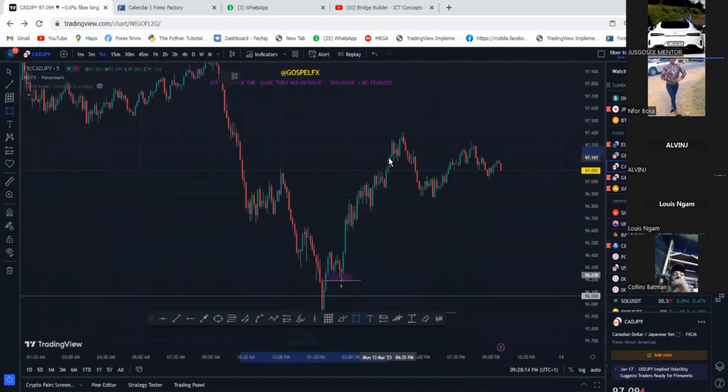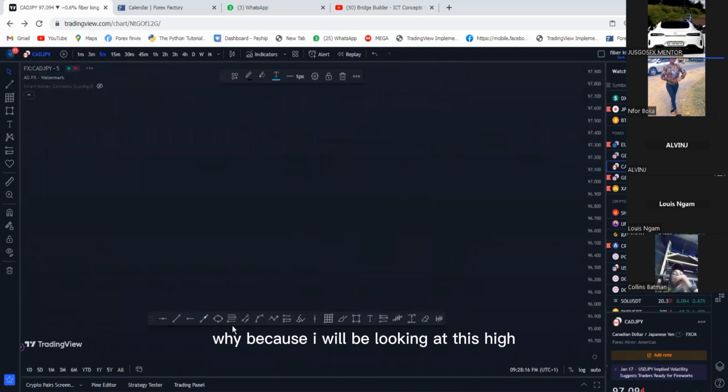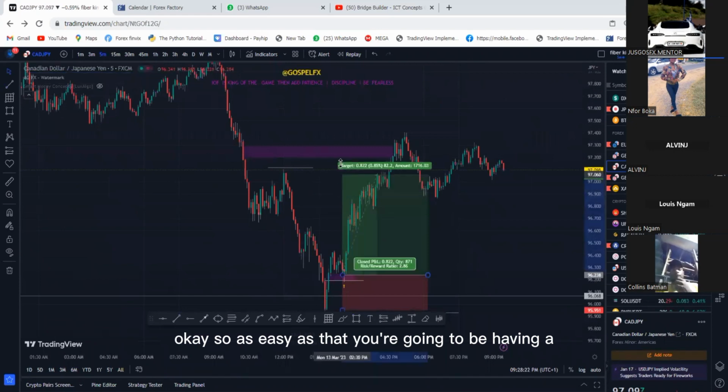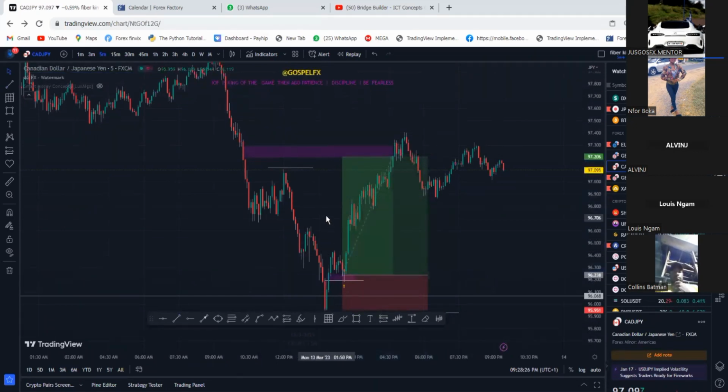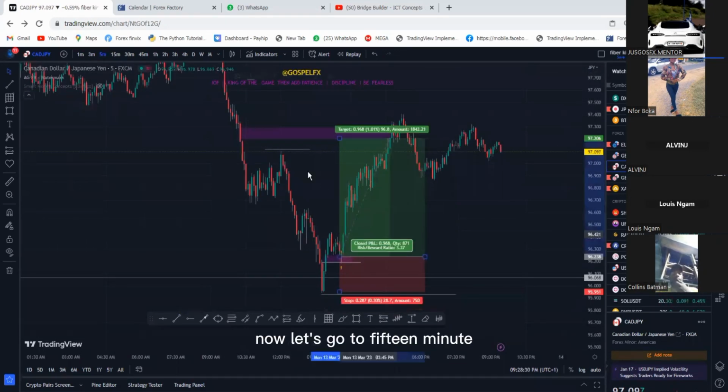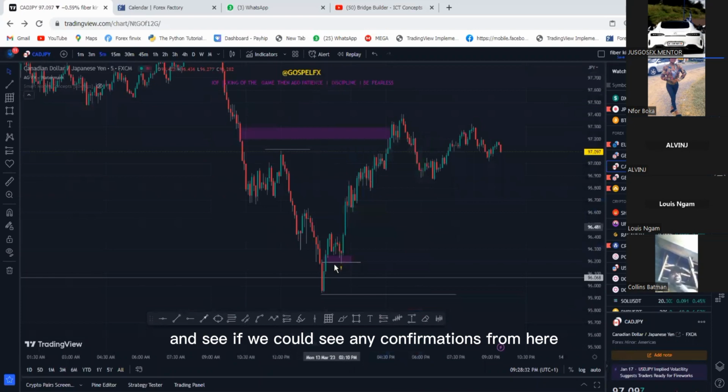Why? Because I'll be looking at this high as an inducement to that level. So as easy as that, you're going to be having a 1:3.37 risk reward ratio.